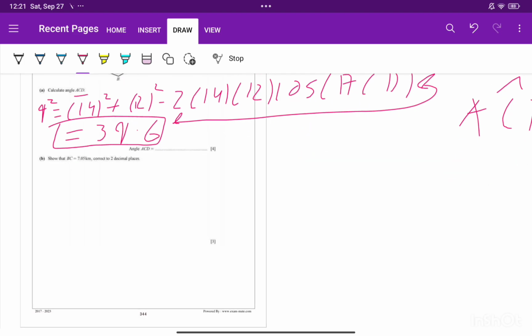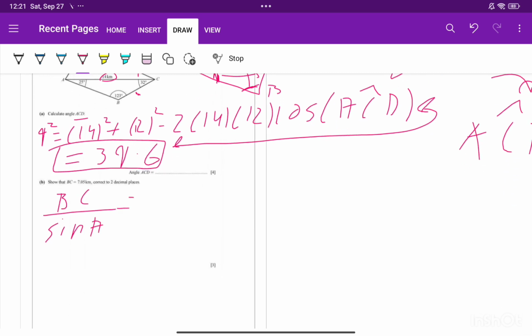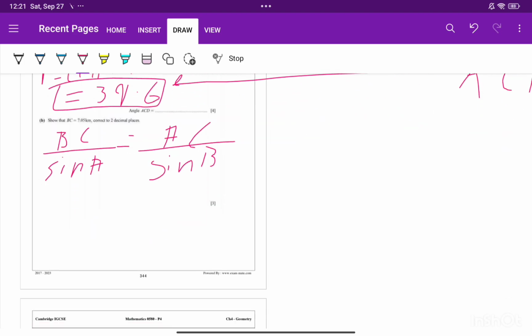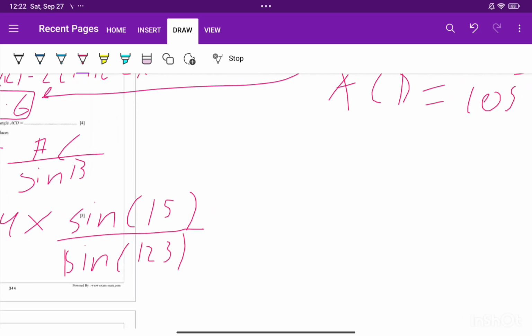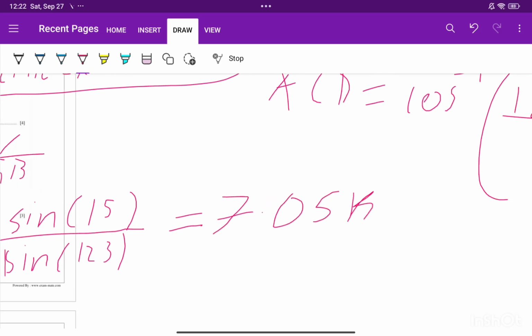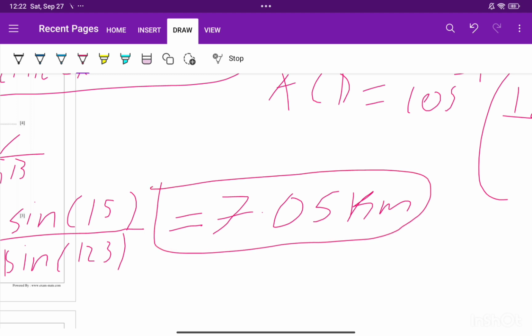So the law of sine says BC divided by sine A equals AC divided by sine D. So BC equals 14 multiplied by sine 15 divided by sine 123. Let's do it on the calculator. The answer will be 7.05 kilometers.